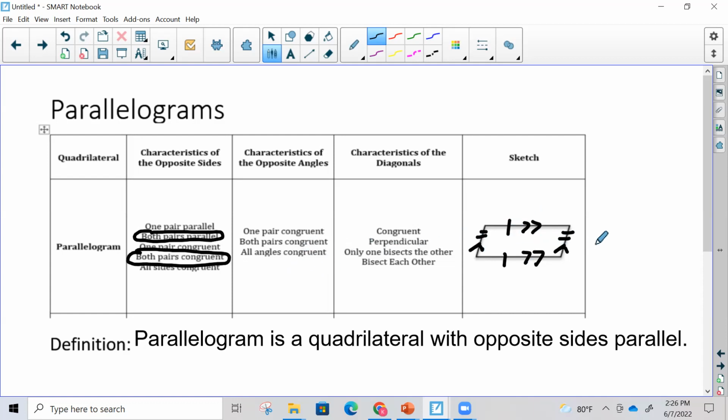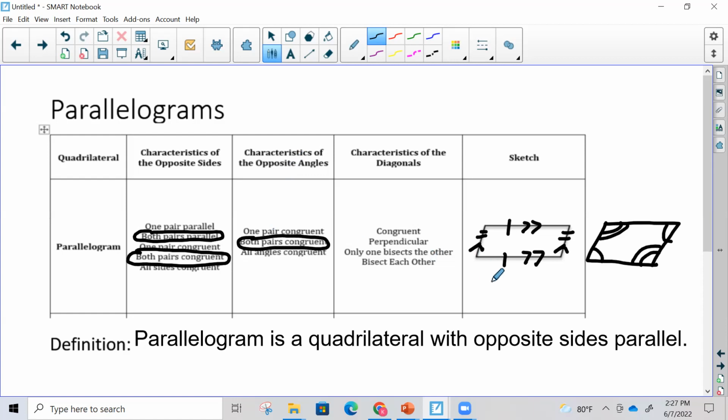For angles in a parallelogram, and I'm going to draw this separately because it gets really crowded, we know that the opposite angles are congruent. So both pairs of opposite angles are congruent. Again, remember this is always about the opposite.